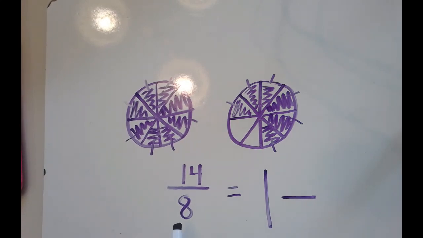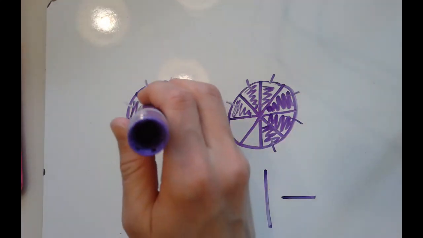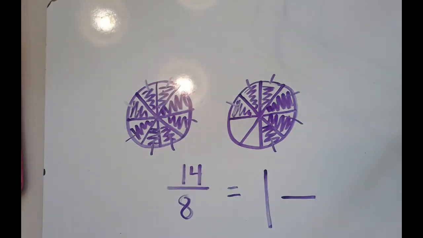That's the improper fraction. Each pizza is divided into 8 equal slices. And originally, I had 16 slices. Because if these 2 slices were still there, I would have had 8 here and 8 here, and that would have been 16. But someone ate 2 of them, so there are only 14 slices left. So there are 14 eighths left.